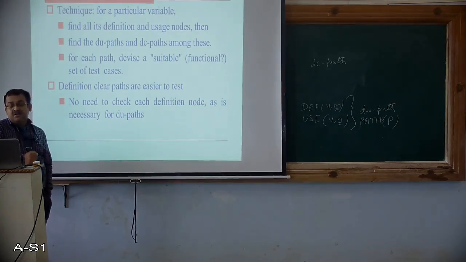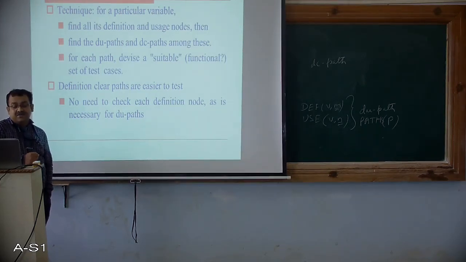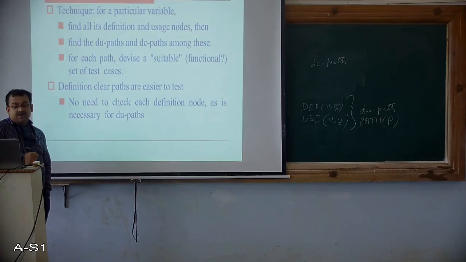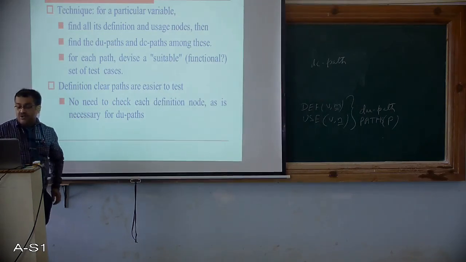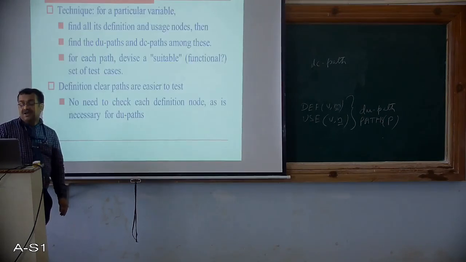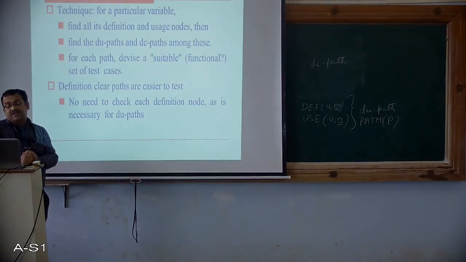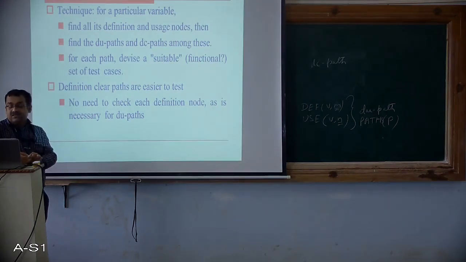Then you find the DU paths and DC paths among these variables. For each path, devise a suitable set of test cases. So for every DU path, you devise a suitable set of test cases.